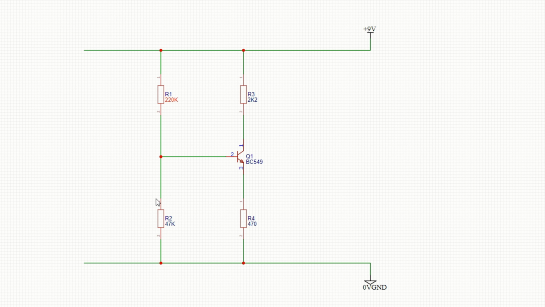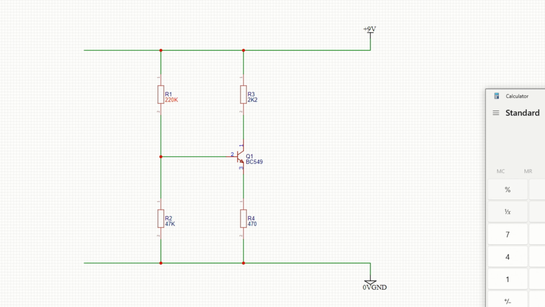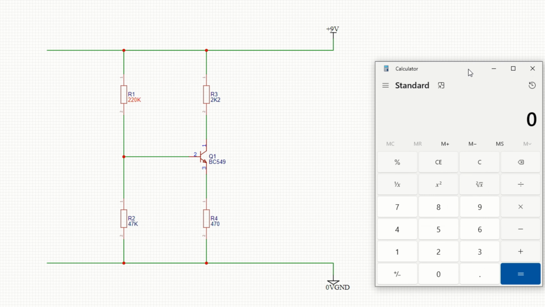Now, if we actually start calculating things, just out of curiosity, just work out the exact voltage I've ended up with on there to see how good my mental calculations are. So I've got 220 plus 47.